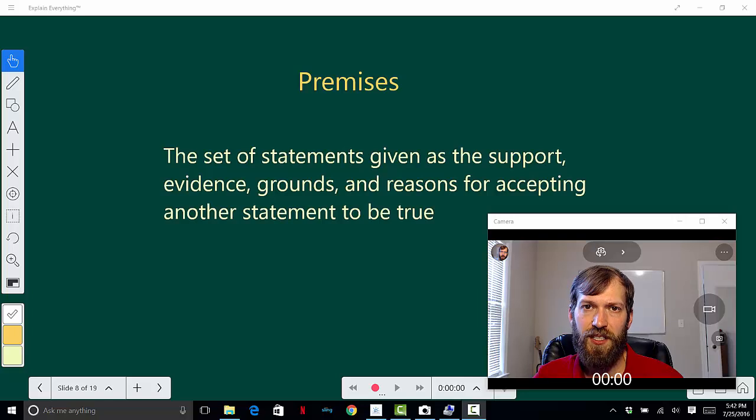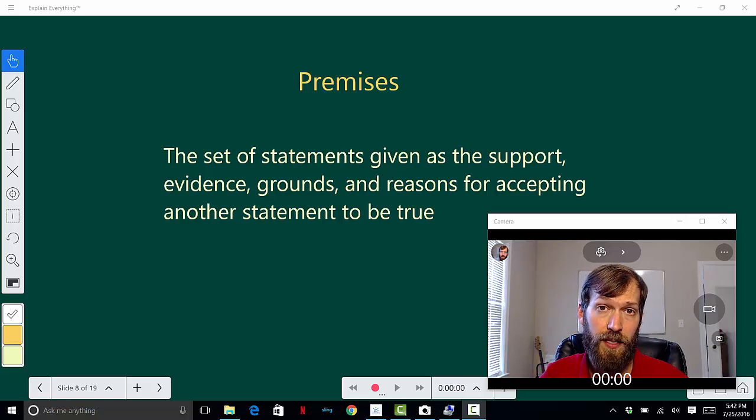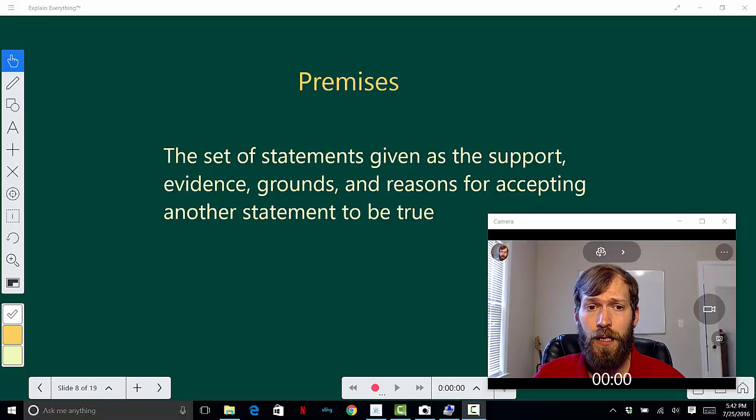Now that we have a more precise definition of arguments, we can better lay out its components. One of its more important components that we've already discussed was inferences. So we're going to turn our attention to premises and conclusions. Premises are the set of statements given as the support, evidence, grounds, and reasons for accepting another statement to be true.